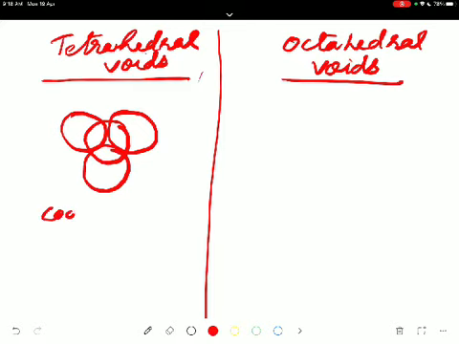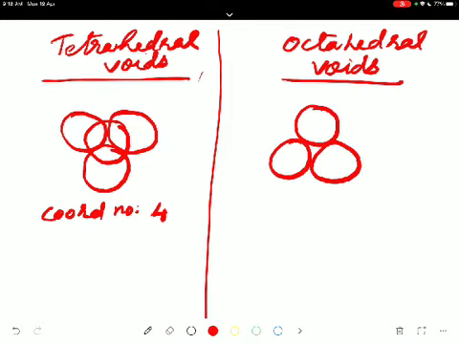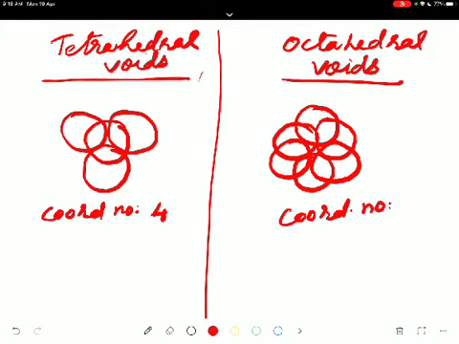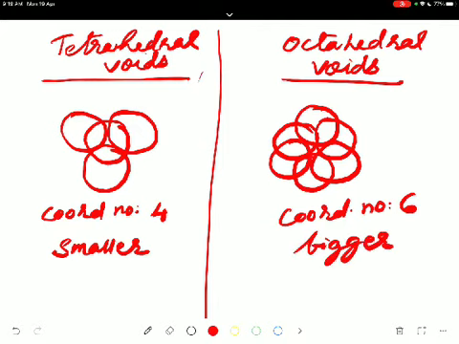So the void's coordination number is 4. But octahedral voids are obtained by six balls. Coordination number 6. Tetrahedral voids are smaller. Octahedral voids are bigger.